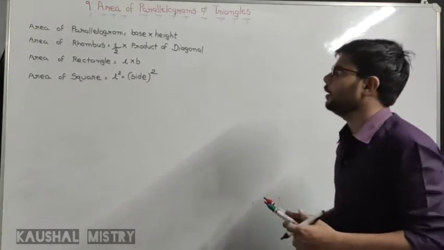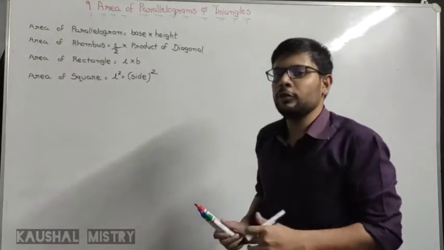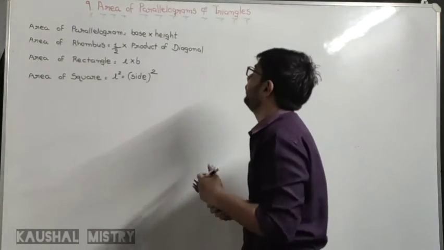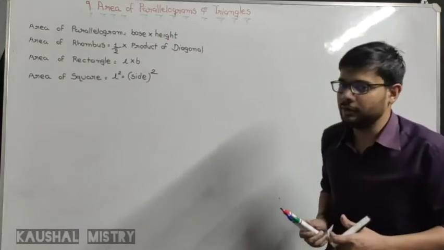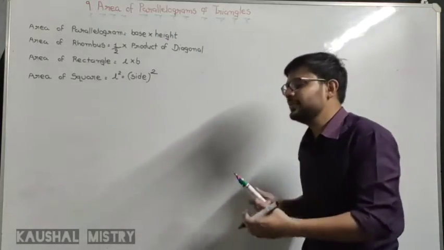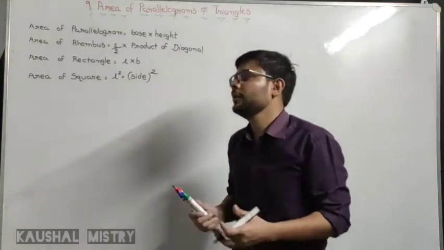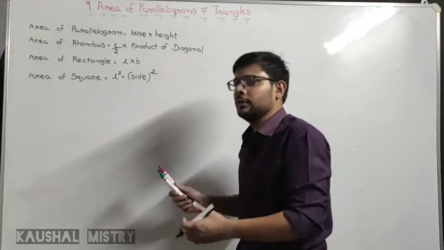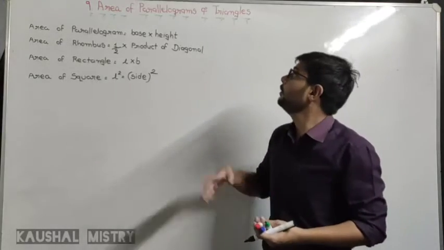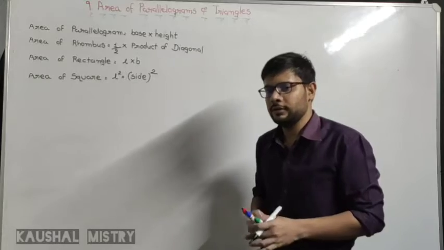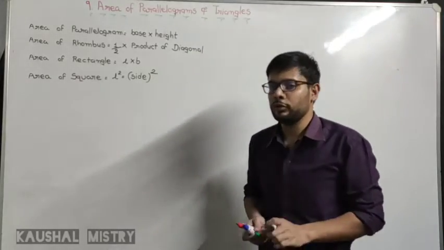Now triangle is also given, so we will write the formulas of area of triangles. There are basically 6 types of triangle, but there are only 4 formulas for triangles, right? That is in your book, right?